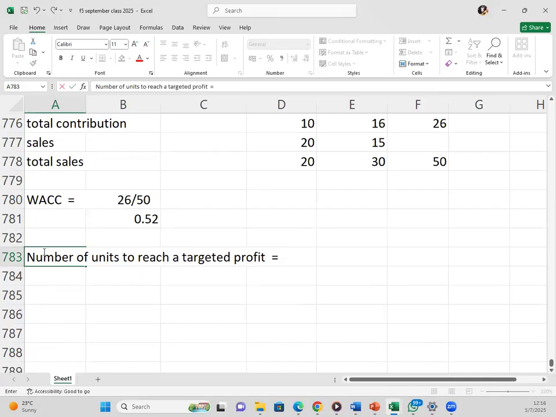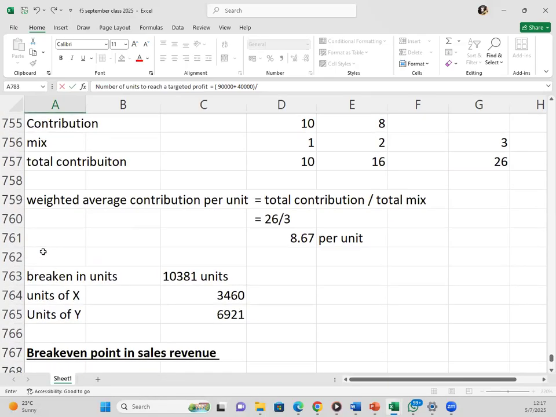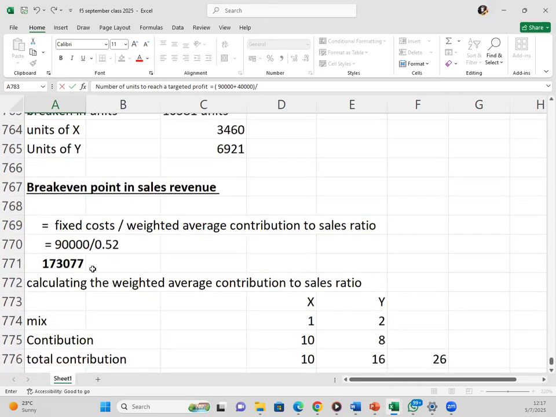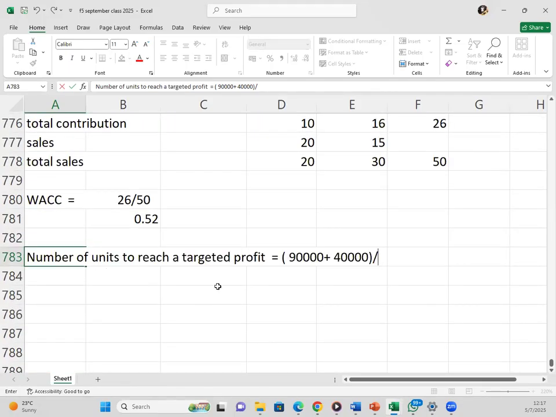So the number of units to reach a profit of 40,000, you'd say the fixed cost 90,000 plus the targeted profit 40,000 over our weighted average contribution per unit. We have calculated this. The weighted average contribution per unit was 8.67. That's what we're using. So we divide by 8.67.